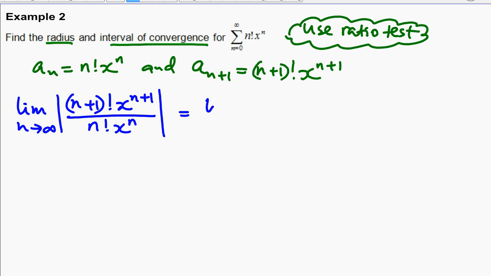This will be equal to, now I'm just going to rearrange these a little bit and expand the factorial bit in the numerator.